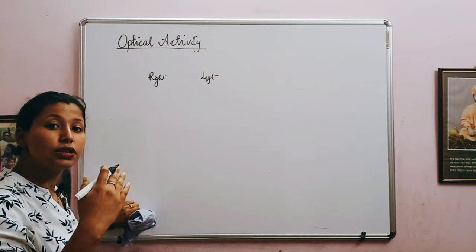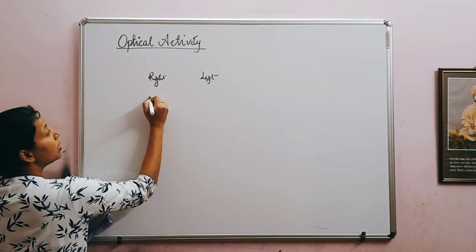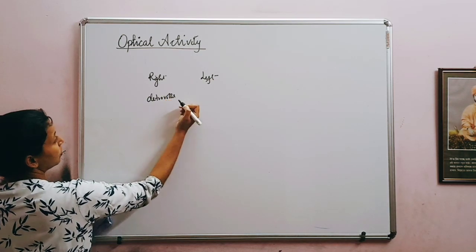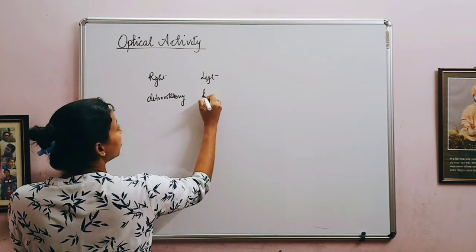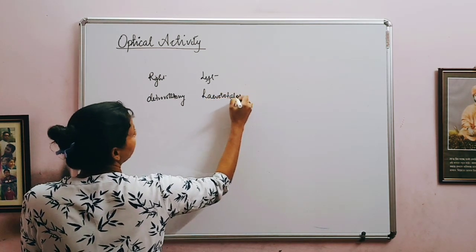That means the deflection can be either to the right or to the left. If it is to the right, we will call it dextrorotatory. And if it is to the left, we will call it levorotatory.